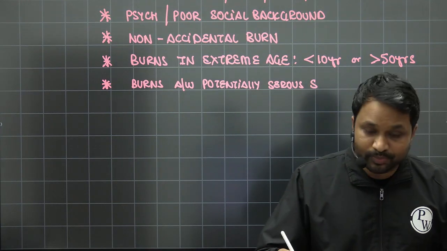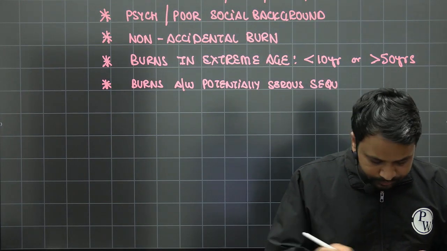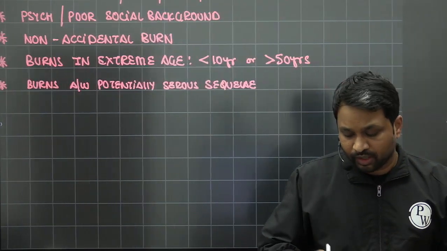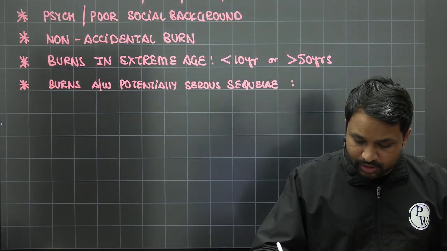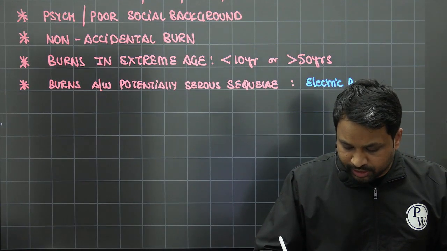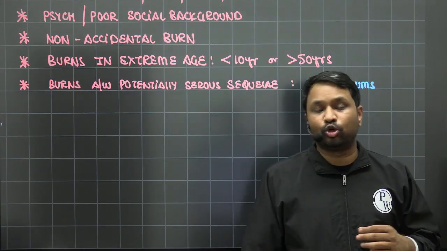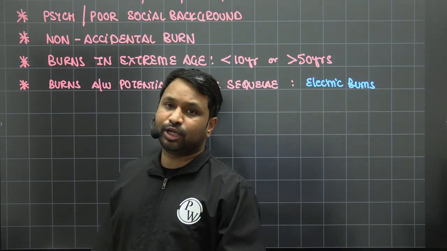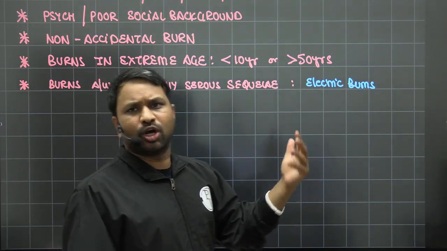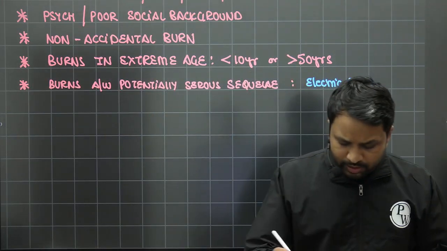So when I say potentially serious sequelae, we're talking about examples like electrical burns. Now, in electrical burns, the patient can have myoglobinuria that can result in acute tubular necrosis, renal failure, and obviously, post-electrical shock MIs can happen. So in those patients, I would not like to send the patient home.